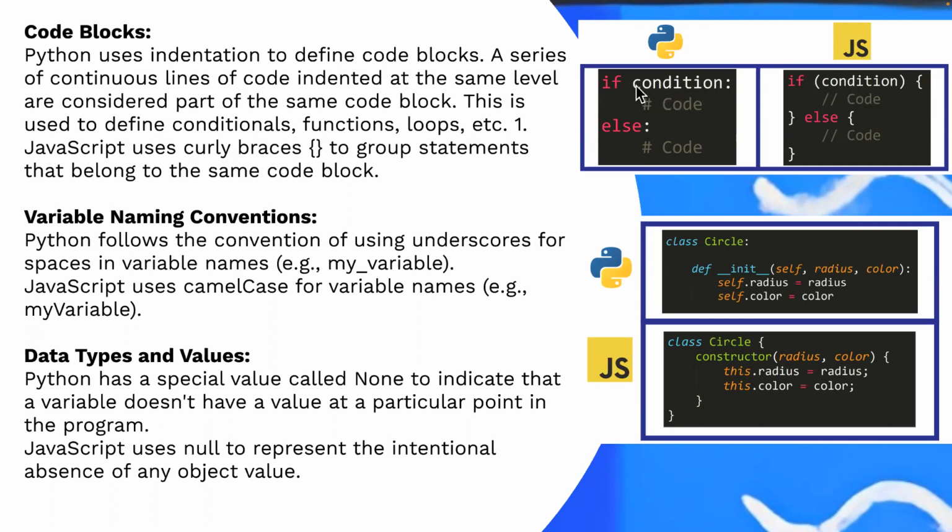Now, we just write our if statement, and then we write a colon here, not a semicolon. When we write a colon, we indent, and that's how it knows that the code belongs to this if statement, by the indentation.